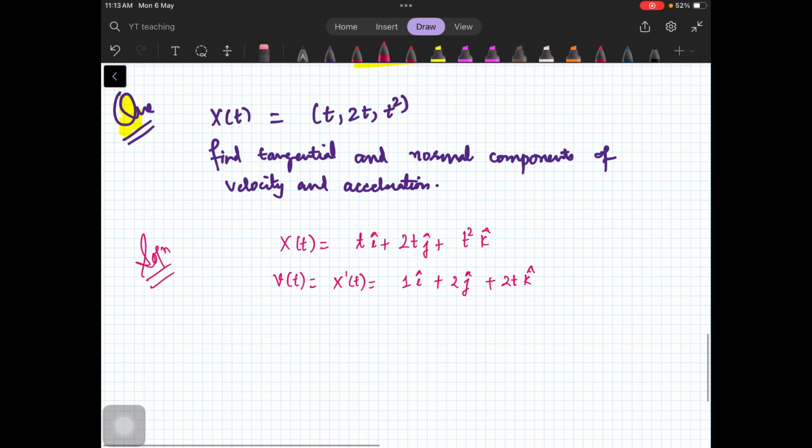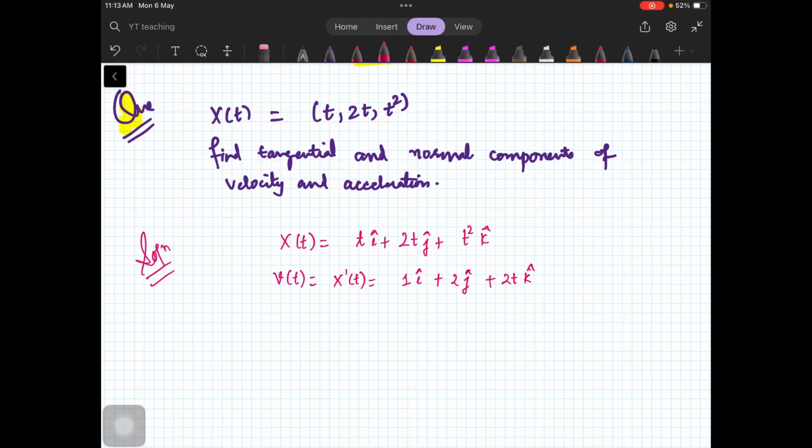That is our velocity vector. And you can also calculate your acceleration vector. This is x double prime t, that would be 0 i cap plus 0 j cap plus 2 k cap. So this is plain simple, right? We can calculate our velocity vector and our acceleration vector from a given position vector, right?